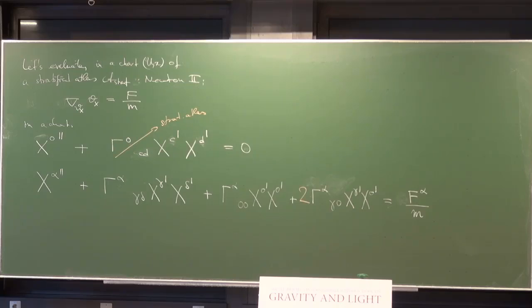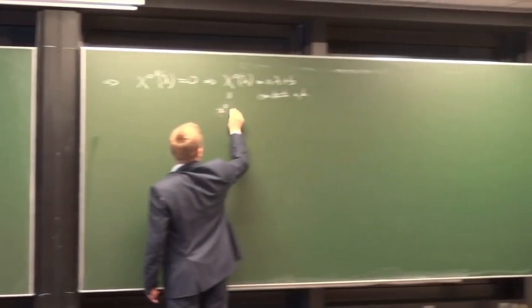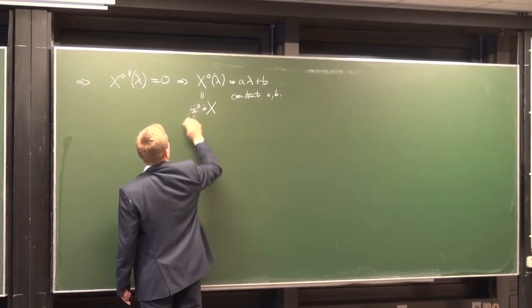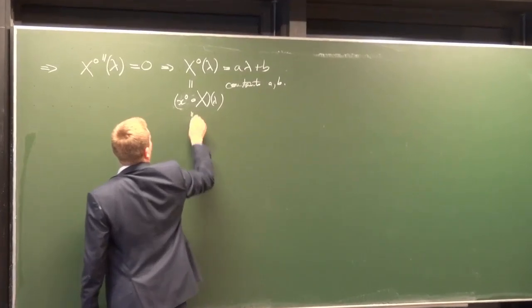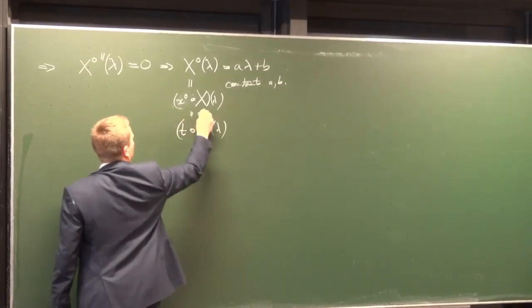Agree? What is x0? x0 is t is x, little x0 after the world line curve x, right, of lambda, but that is t after x of lambda in a stratified atlas.